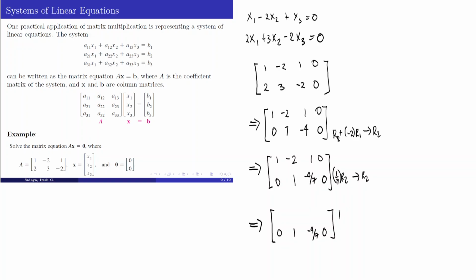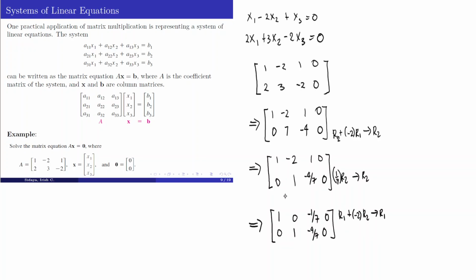So that means we have R1 plus negative 2 R2 to get new R1. So this is 1, this is 0. Again, we multiply this by negative 2 and then we add it here. So that's negative 8 over 7 plus 1. So that's negative 1 over 7. And then this one is 0.